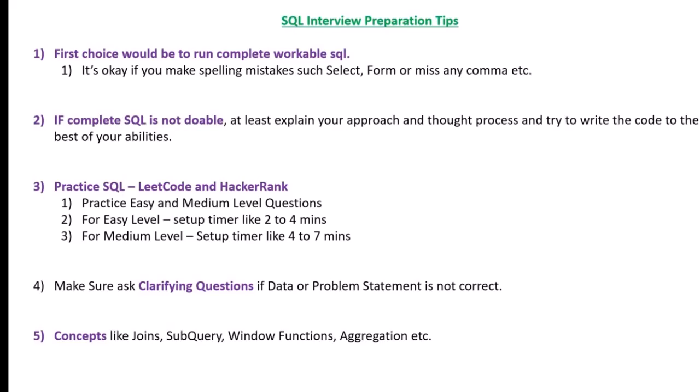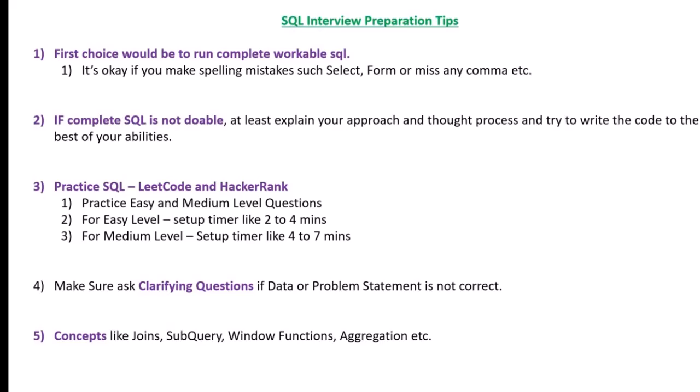The best way to practice those easy and medium level questions is to set up a timer. For example, for easy level questions, set a timer of 2 to 4 minutes and see whether you can solve the problem within that window.